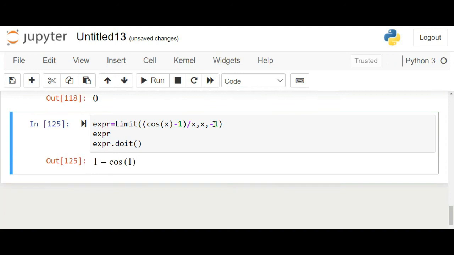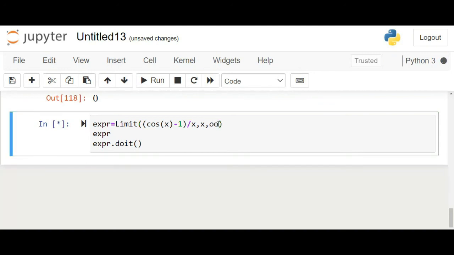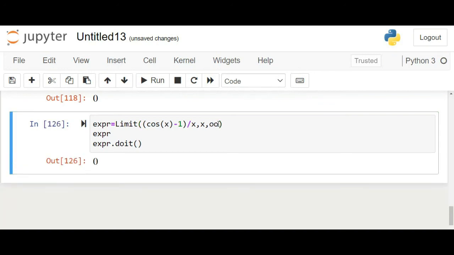And if we write infinity over here, the answer will be 0. In case of 0 we have answer 0, and in case of infinity we have answer again 0. So this is how to find the limit in Python.